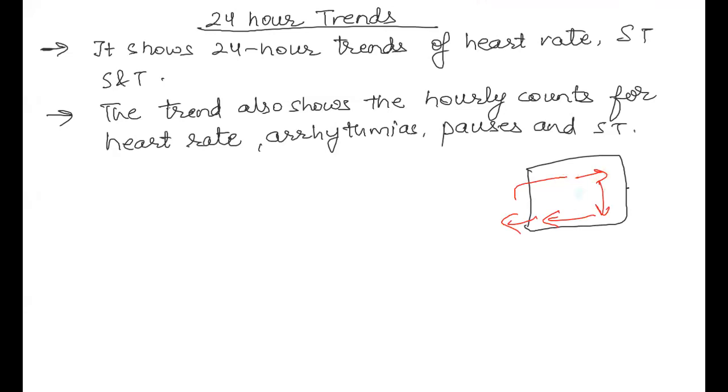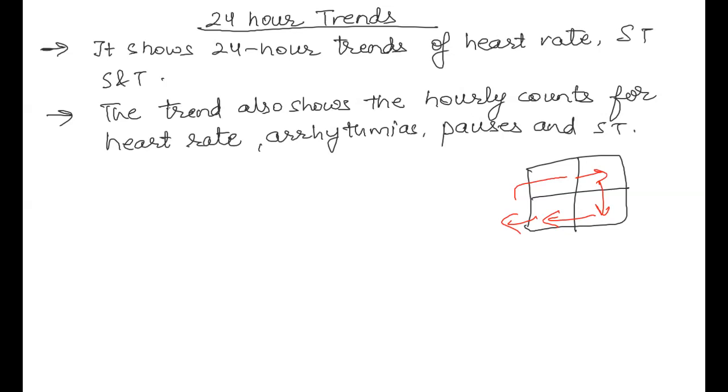This pause should not be of much time. If it is missing beats or pausing for more than the required time, that is counted as arrhythmia and bradycardia. That means your heart has stopped pumping for 3 seconds, which is not good.